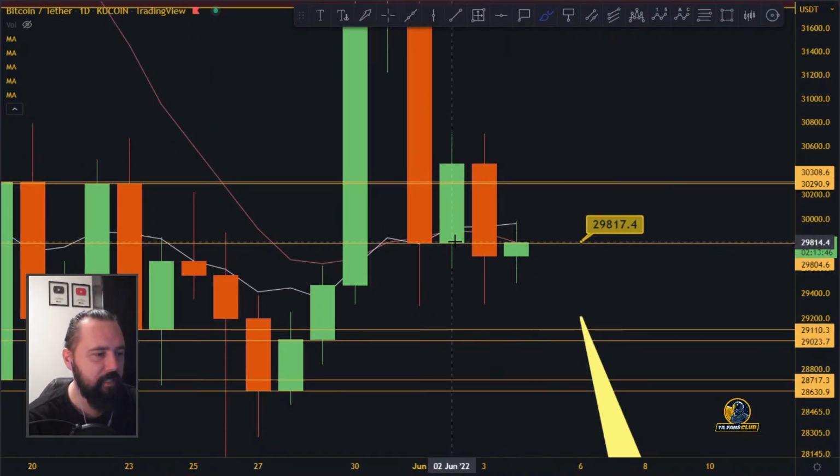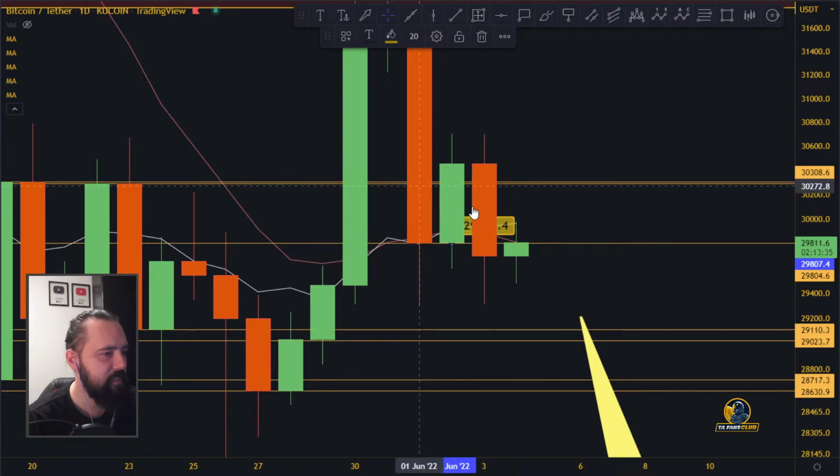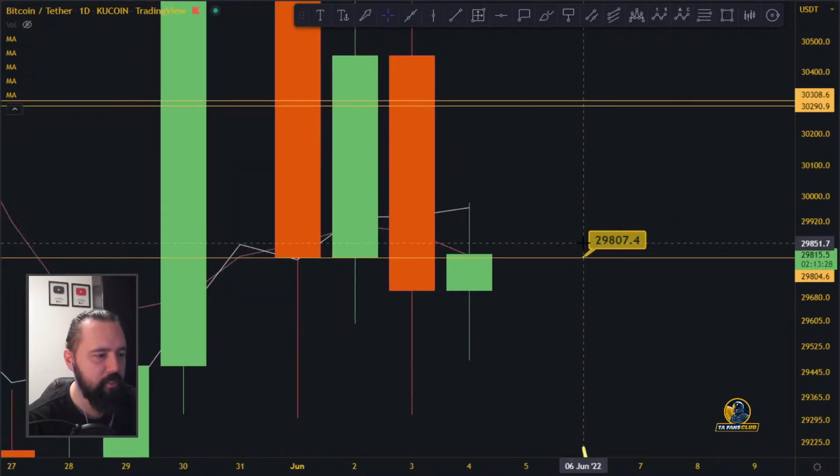But if we close below 29.8, where is this actually in dollars? That's around 29,807. This is on KuCoin, but it might differ a little bit. There you go, 29,807. That's exactly the number.